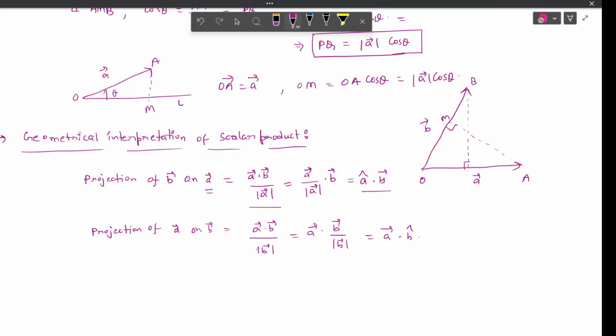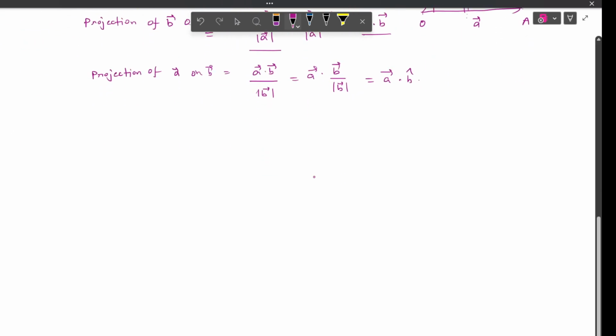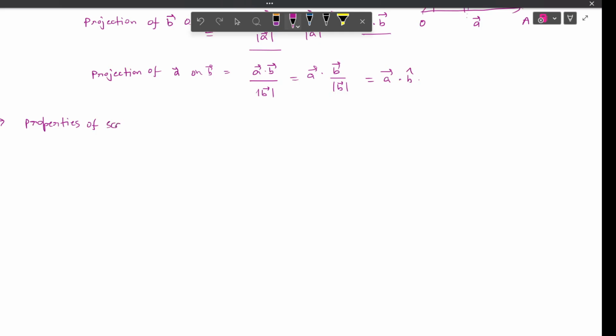Okay, and this angle is theta. So next, moving forward, the next topic is properties of scalar product.